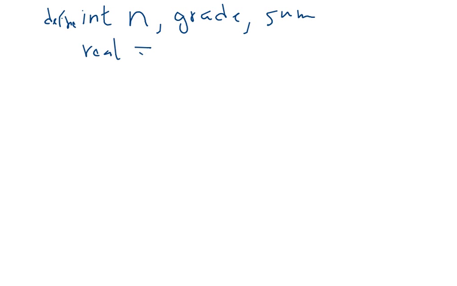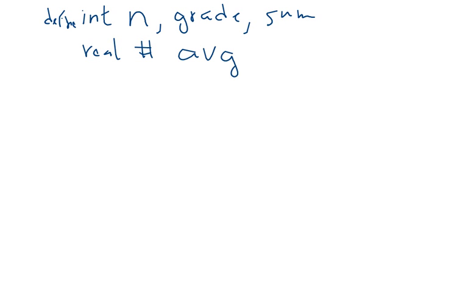So let's write pseudocode for that program. It might look something like this. I know I need to define a bunch of numbers. I need to define int n. I need to define grade. Sum. Or instead of int, I might say define real number, average, okay?